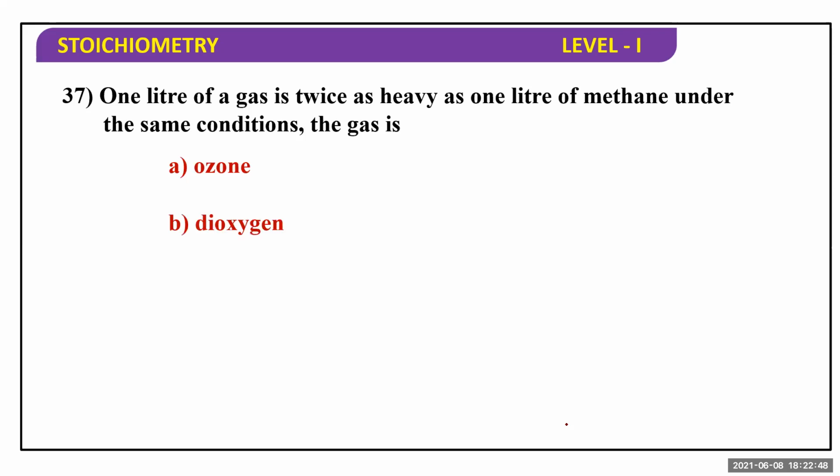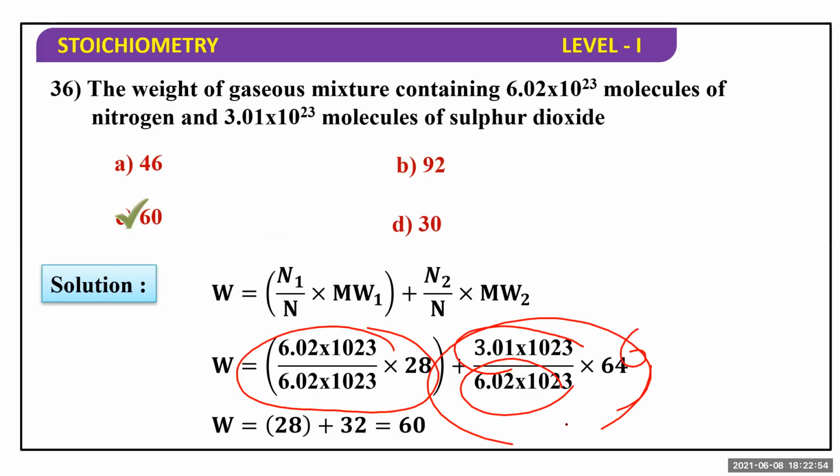So what was the answer? Option C, this is 60. Weight of the nitrogen plus weight of the sulfur trioxide.